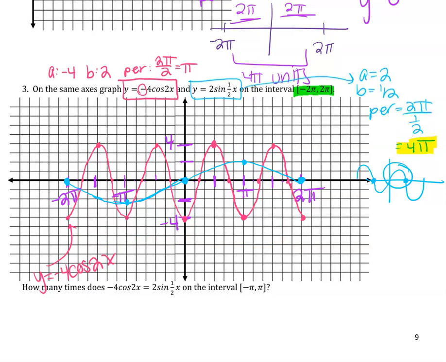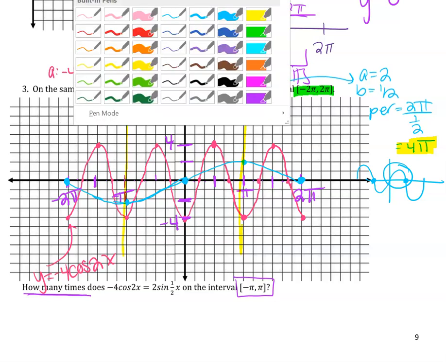Now, one last follow-up question here, guys. It asks how many times do these graphs equal each other on the interval of negative pi to pi? Okay, well, negative pi is here. Pi is here. So if I'm looking on that interval, I'm really just looking at how many times they intersect.